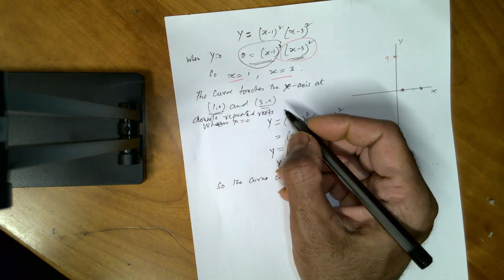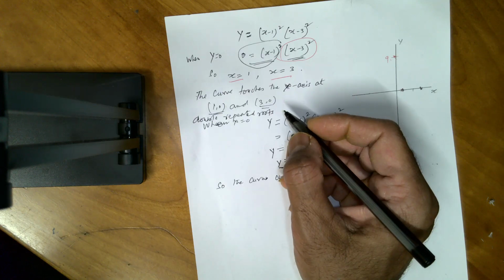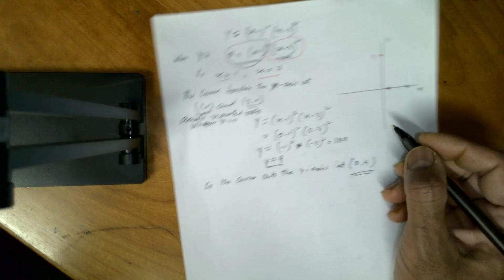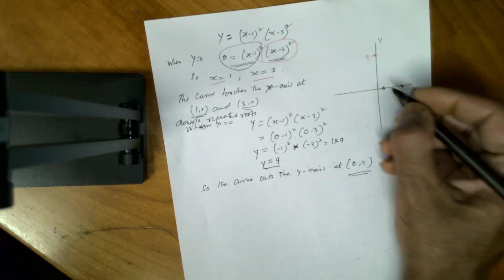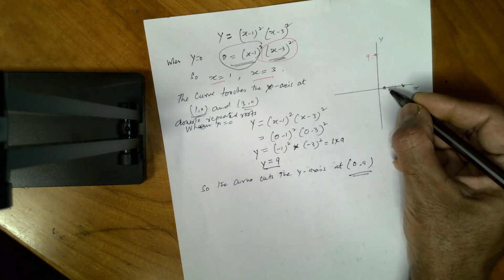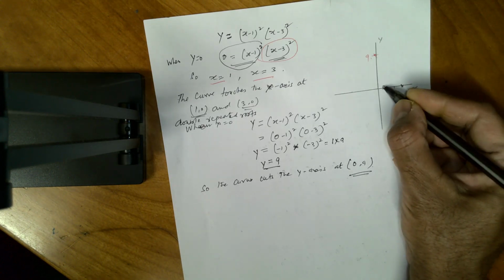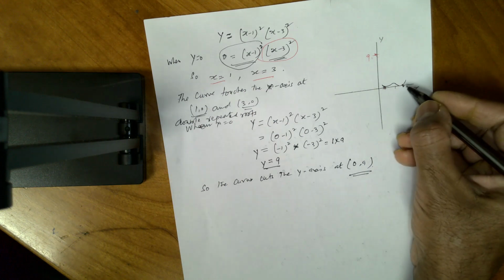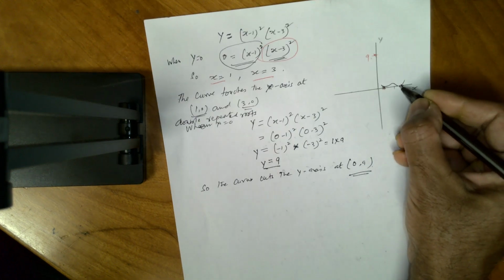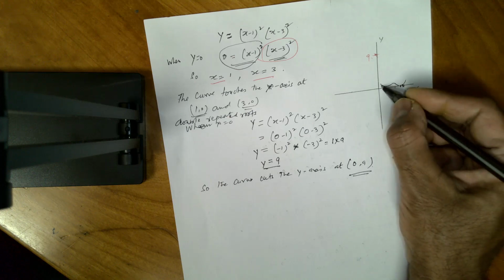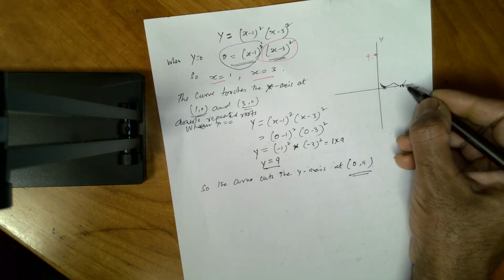Okay, so the curve will just touch the x-axis at these points. And how would that be? So it will be like this. Okay, sorry, if you take this one here, it will be like this, right? So this is the shape you will get.